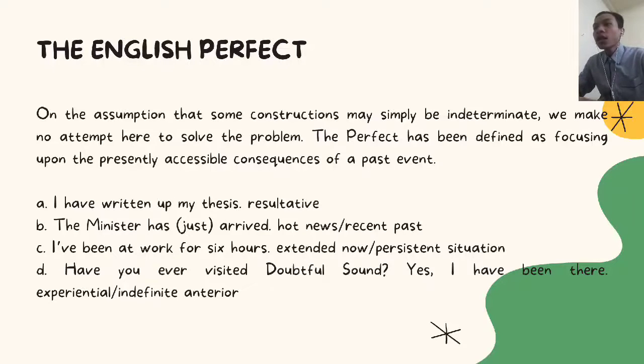C, I've been at work for 6 hours, extended or persistent situation. And D, have you ever visited the dog food zone? Yes, I have been there. This is experiential, indefinite anterior.